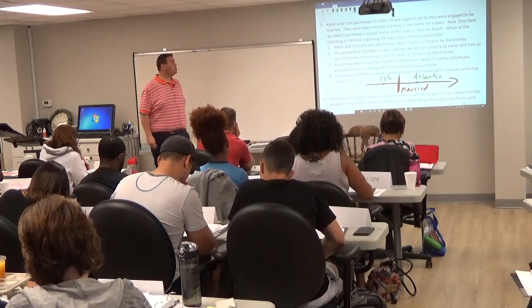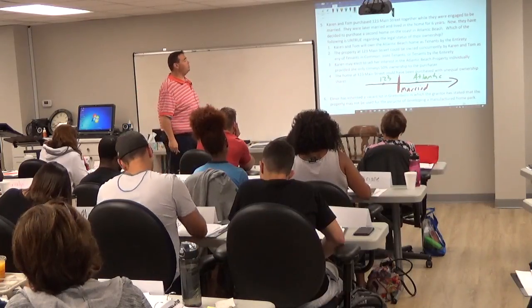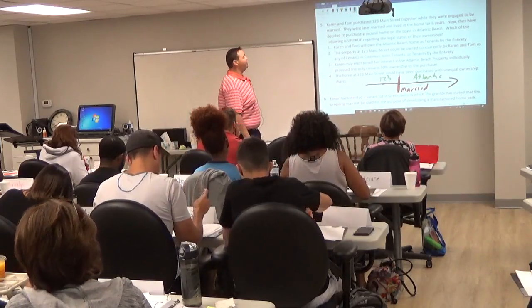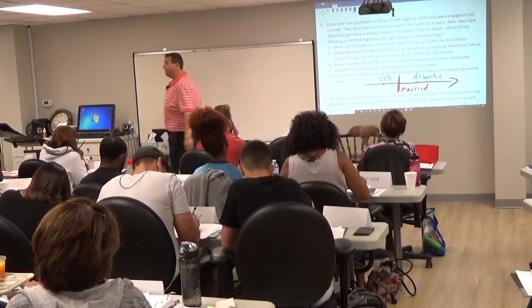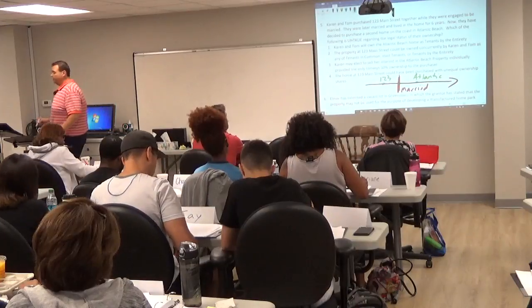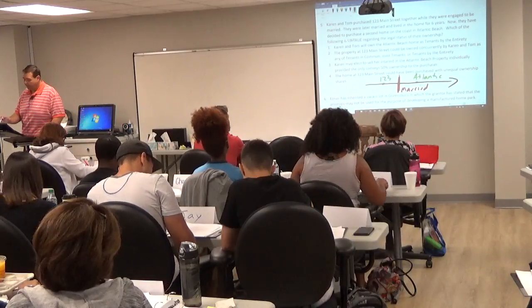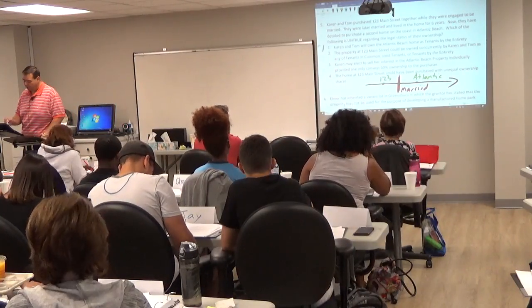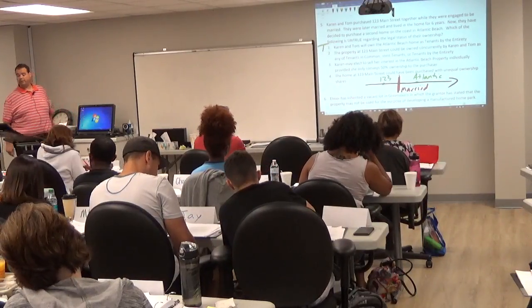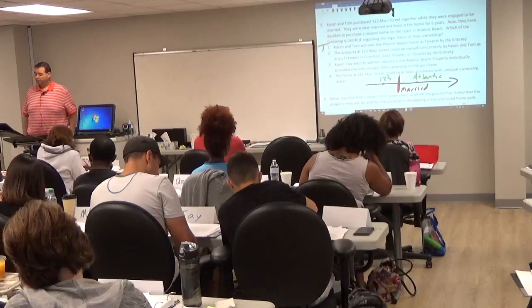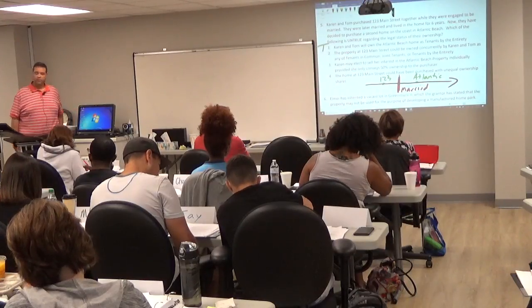So now let's look at the answer choices. Karen and Tom will own the Atlantic Beach home as tenants by the entirety. Is that a true statement? Yes. Yes, they purchased it after they were married. So that is definitely going to be tenancy by the entirety. So that's true. Number 2, the property at 123 Main Street could be owned concurrently by Karen and Tom as any of tenants in common, joint tenants, or tenants by the entirety.